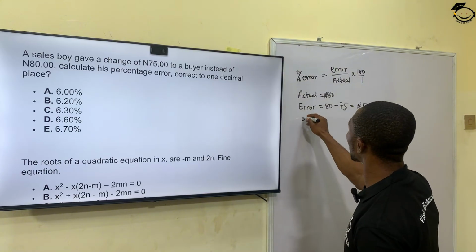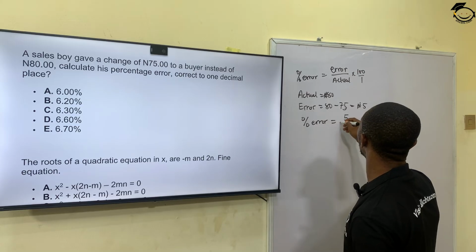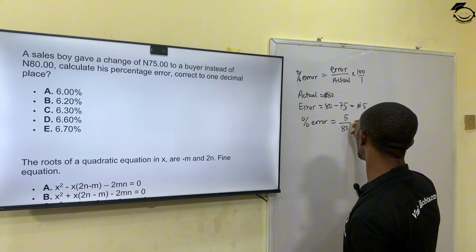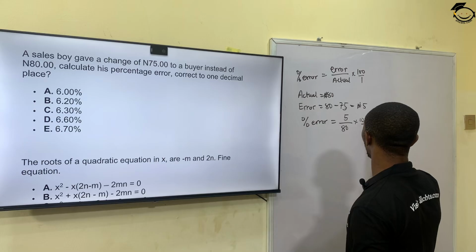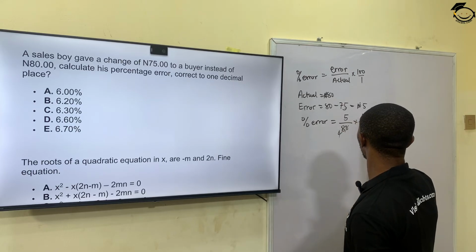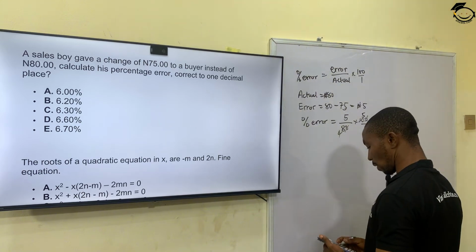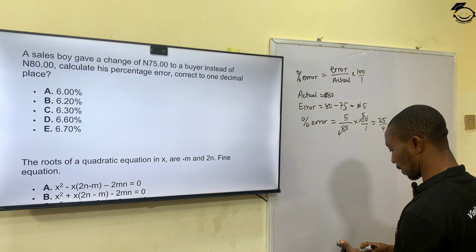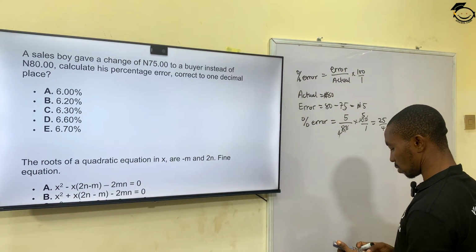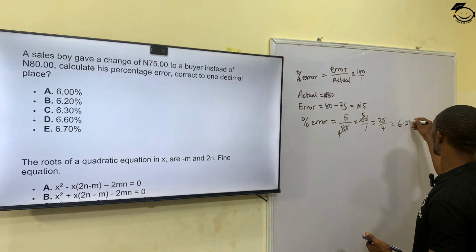All right, so our percentage error now would be 5 over actual 80 times 100 over 1. Cancelling, 2 here, 4, 2 here, 5. So we have 25 divided by 4, which would give us 6.25.